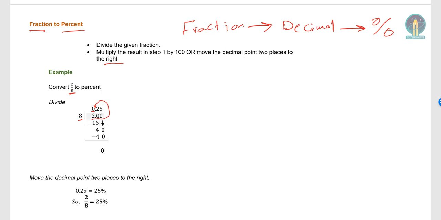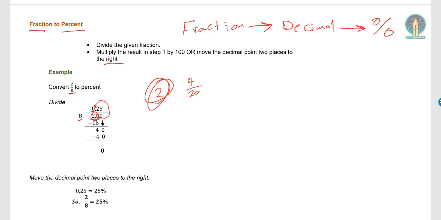I need to do the 2 and the 0, and assume the decimal point is up there. So now it is as if I have 20. So I have 20 divided by 8. How many full 8s are contained in 20? Well, there are 2 full 8s, and then there's a remainder of 4.